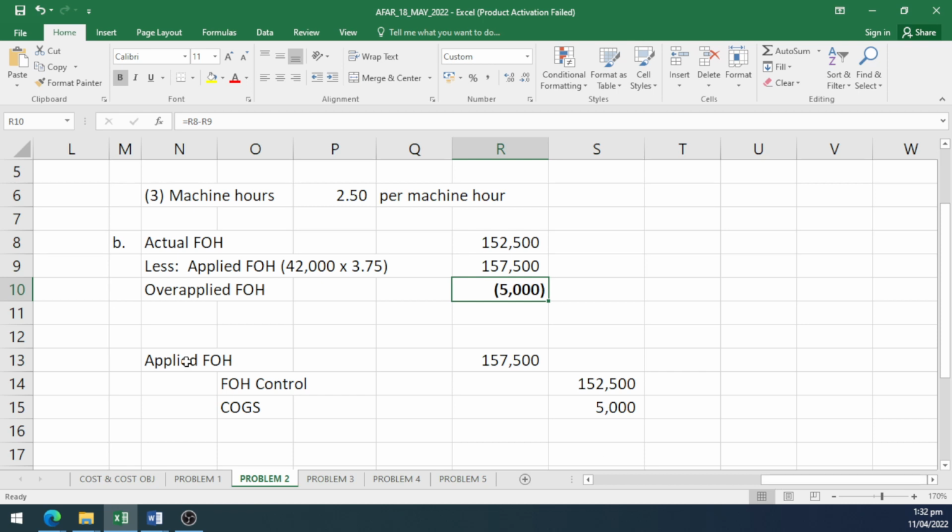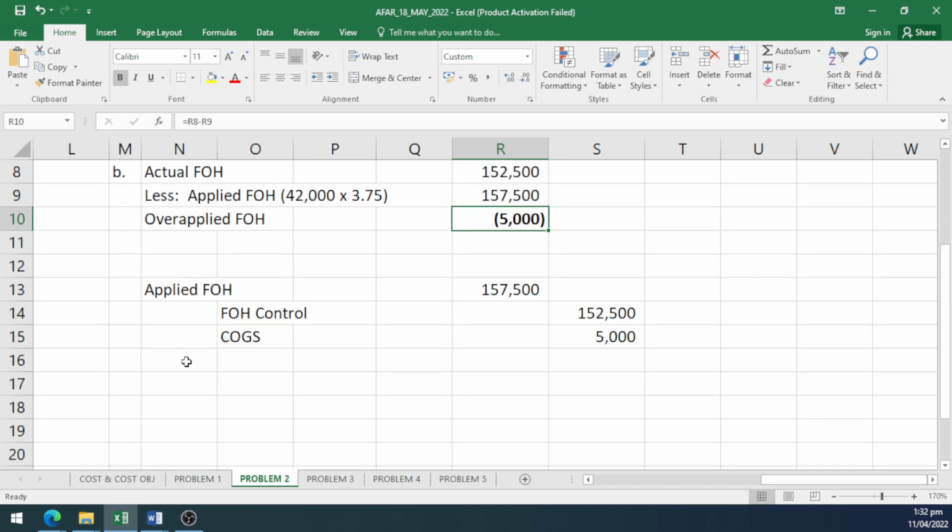And if we close that to cost of goods sold, debit applied factory overhead, 157,500. Credit factory overhead control, 152,500. And credit to cost of goods sold.